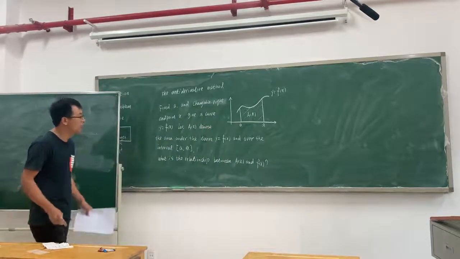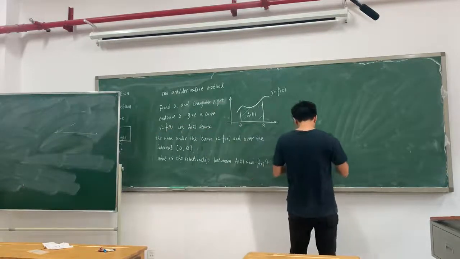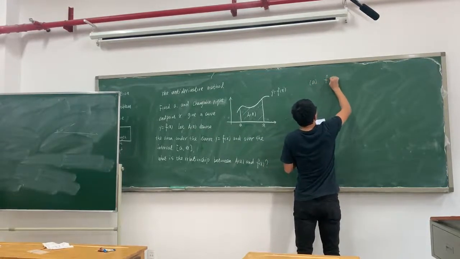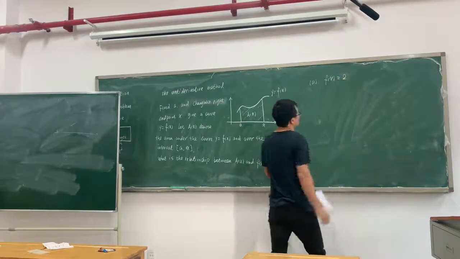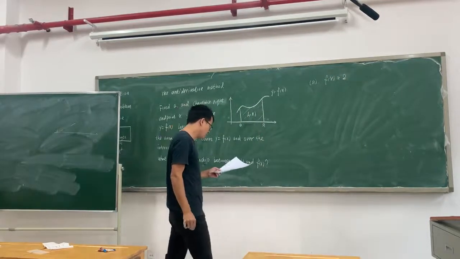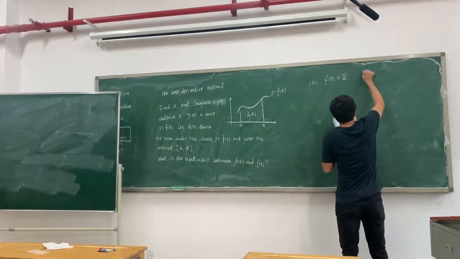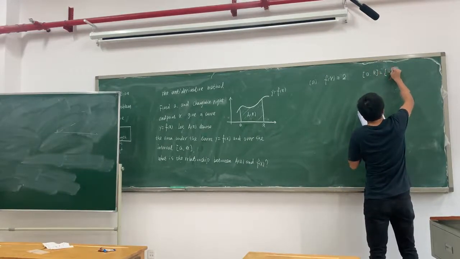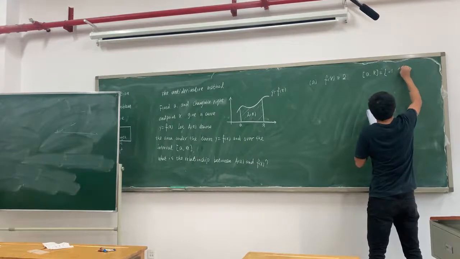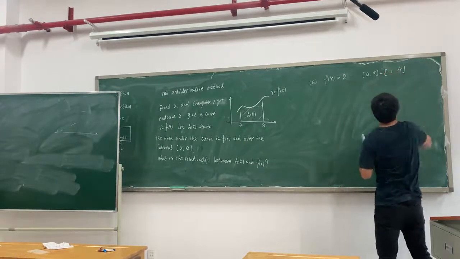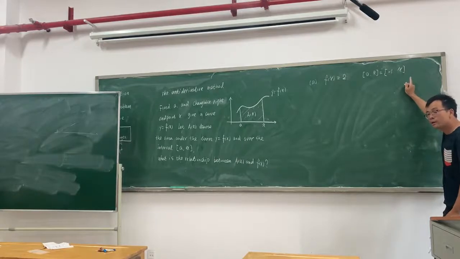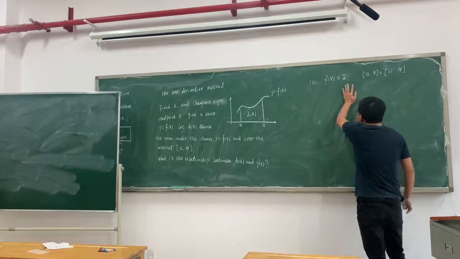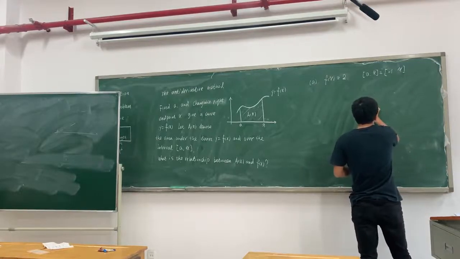The first example is f(x) is the constant function 2, and the closed interval is [-1, x]. Since f(x) is a constant, we can plot it.